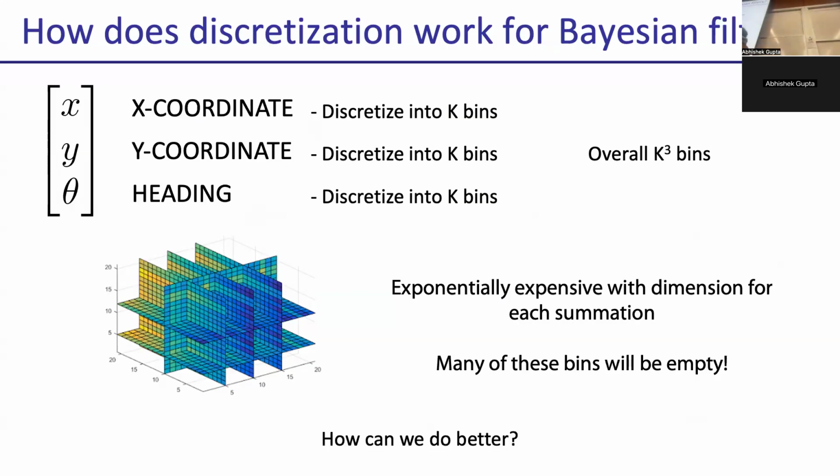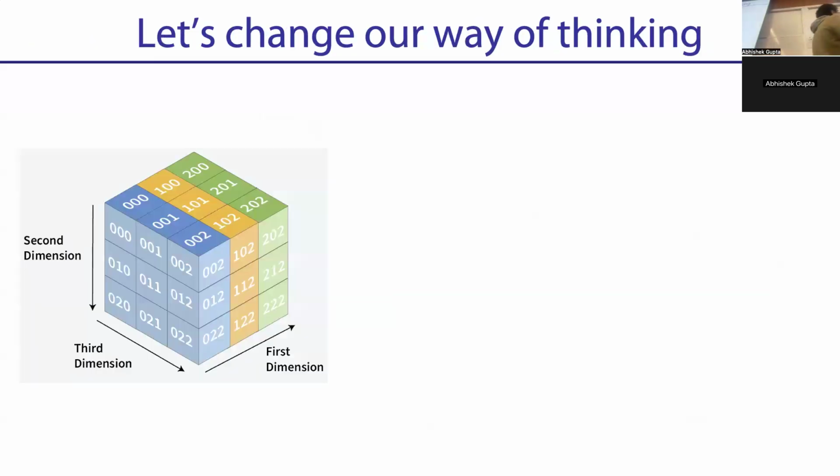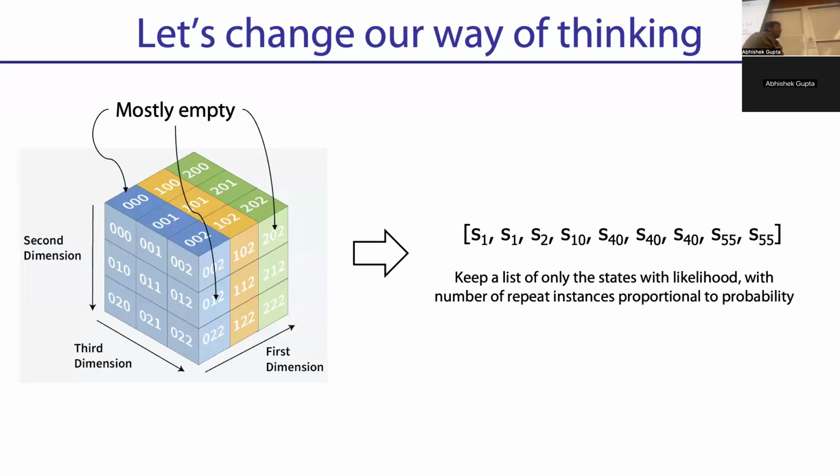All right. So the key idea in particle filters is instead of representing every bin, right? The idea of discretization is that I have k per dimension, k to the n bins. Let's not represent all the bins. Let's only represent the bins that have some probability in them, or let's only represent things that have likelihoods, right?